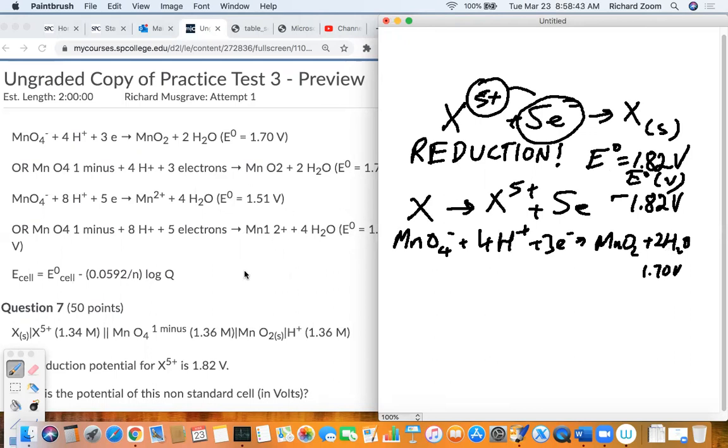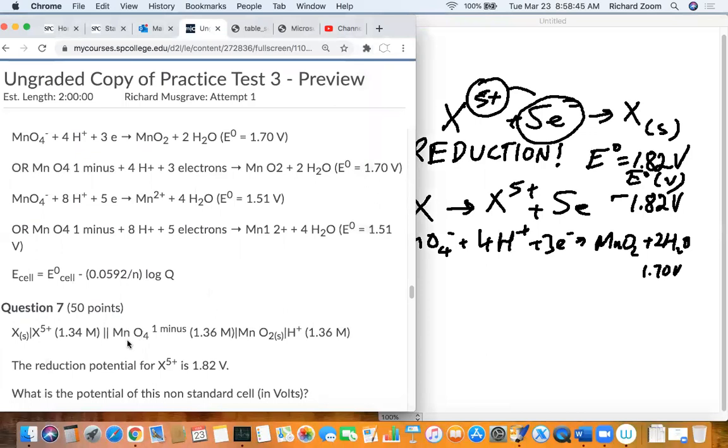If you look at what we're after in the problem, we've got MnO4 minus, we've got MnO2 and H plus. And we need to use the one that contains exactly what we want, Alexis. So we've got MnO4 minus, we've got H plus and MnO2. The other one has Mn2 plus. You see that? That's the difference. Okay, I got it now. Okay, good. Anybody else?